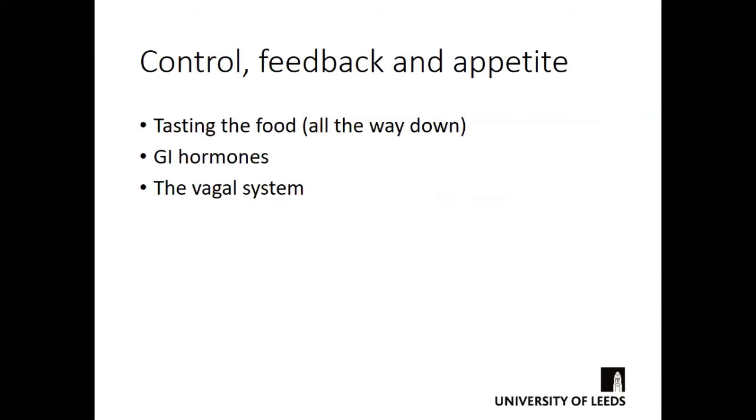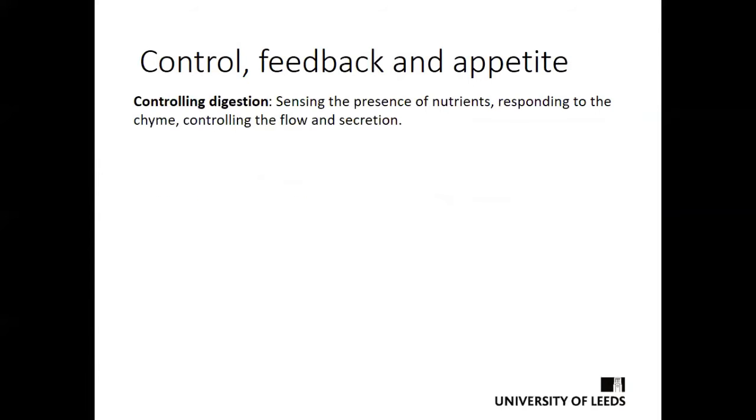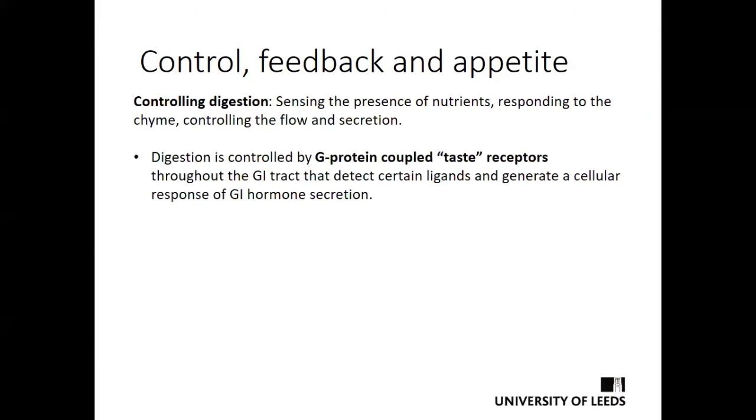Control and feedback. I said that there was a role to play in tasting all the way down the GI tract, and the sensing of nutrients, responding to chyme and controlling that flow and secretion of enzymes is really key to making sure that digestion is as efficient as possible.